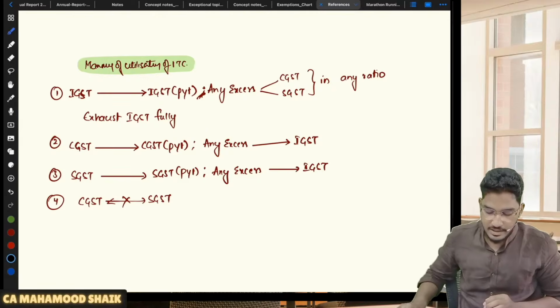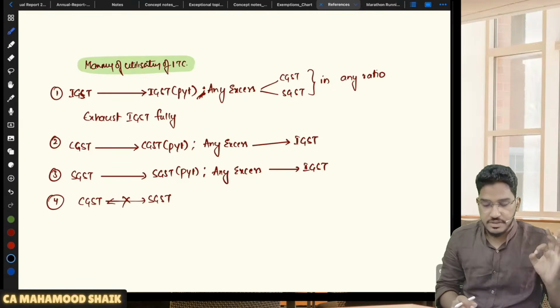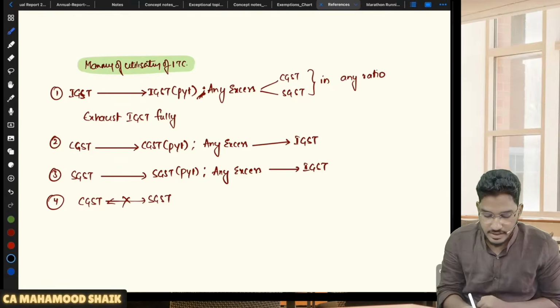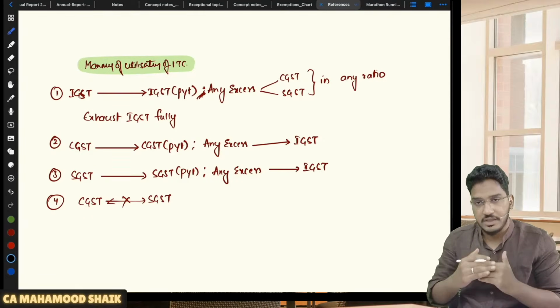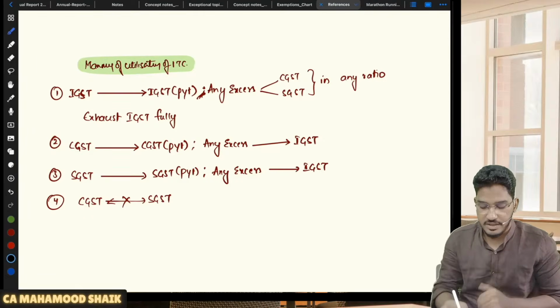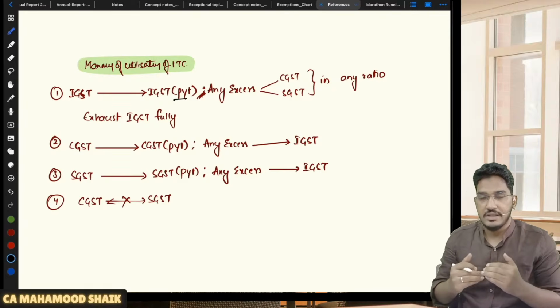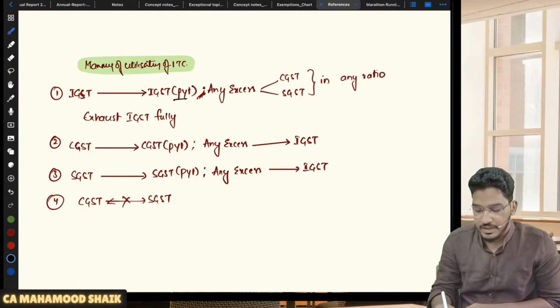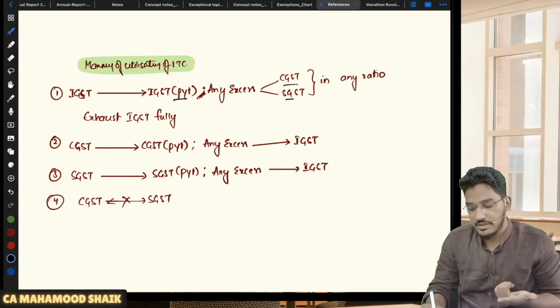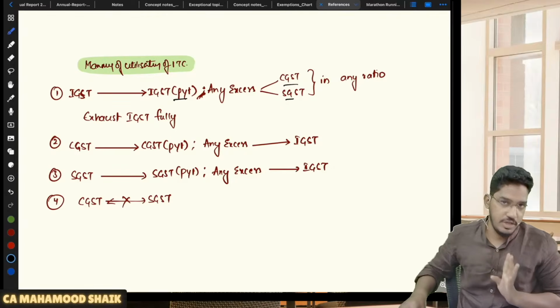First take the IGST input tax credit, which must be first utilized for discharging the IGST payment. Thereafter, if any excess balance is left out after utilizing IGST for making payment of IGST, that must be used for either CGST or SGST. In whatever combination you want, you can use it.